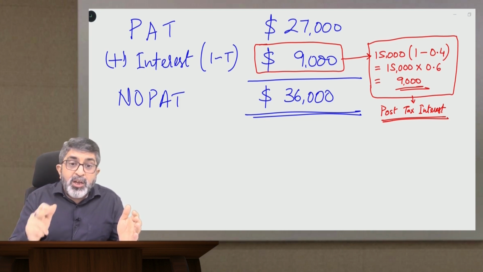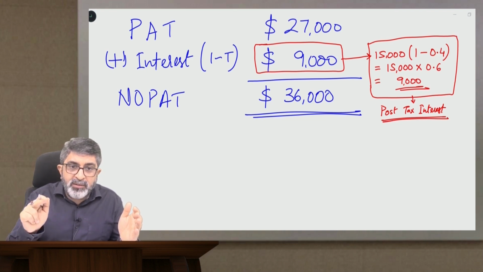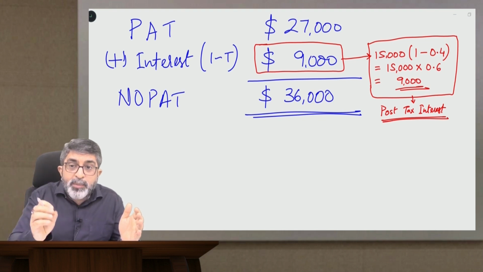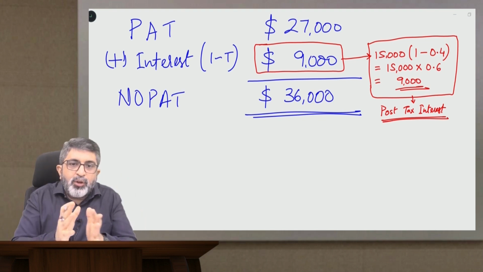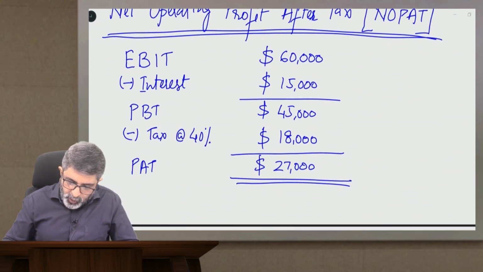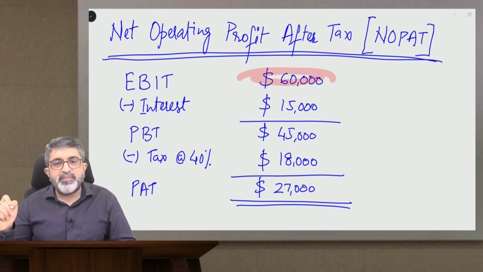As a result, if you want to arrive at net operating profit after tax, it has to be operating profit. Do you know in the previous working, what was your operating profit? Your operating profit was $60,000, correct?